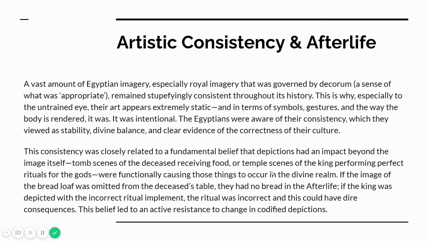Their symbols, their gestures, the ways the bodies were rendered were extremely and 100% intentional. The Egyptians were completely aware of their consistency, but that's because they viewed it as stability, as divine balance, and clear evidence of the correctness of their culture.